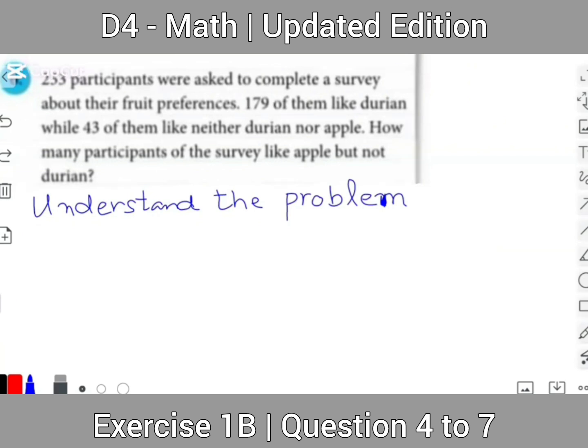Now we will have a look at what is not given.